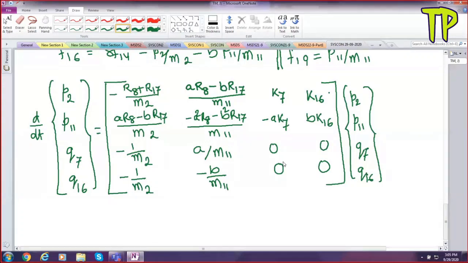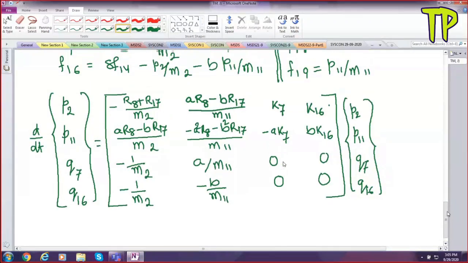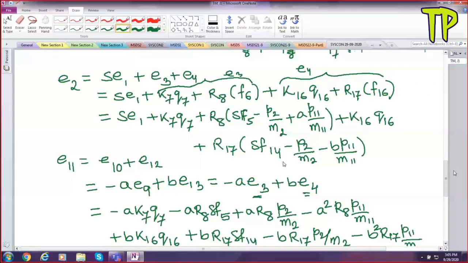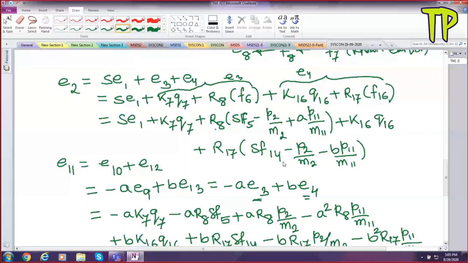This damper force is the most complex one. It comes in terms of both the moments and the linear motions. All those complex terms, plus minus signs, are coming from the damper. And these two terms will come K7, Q7 and K16, Q16. That is obvious. We can recheck in the equations. It must be coming like that with plus sign only. Yes, it's there.